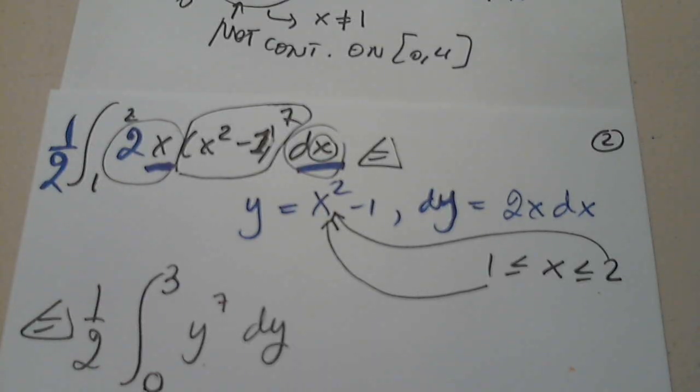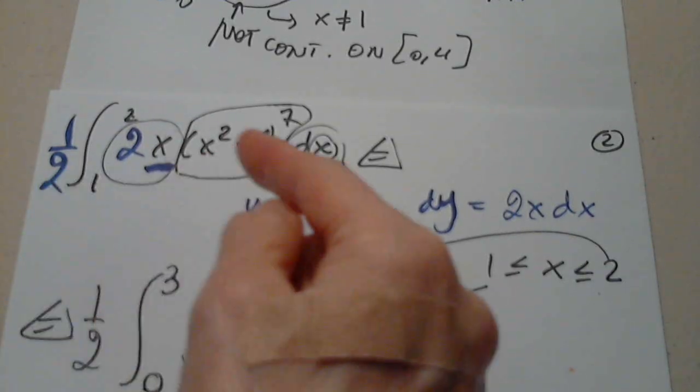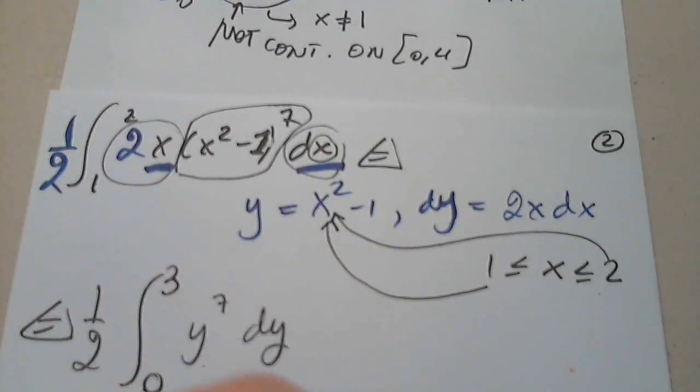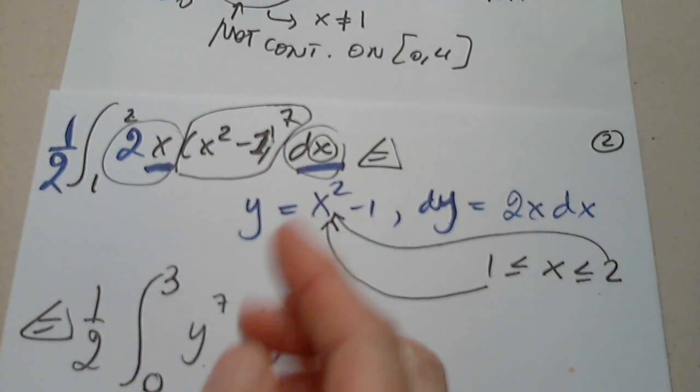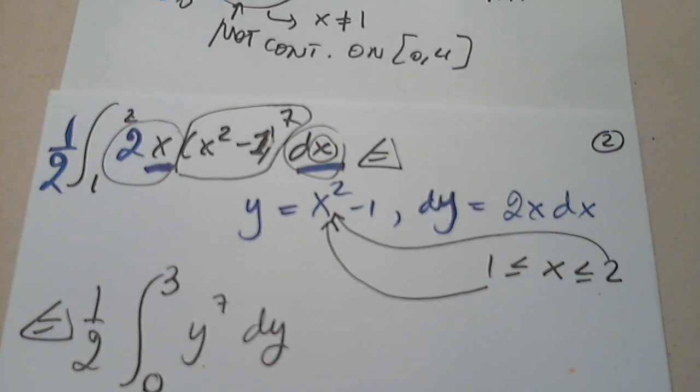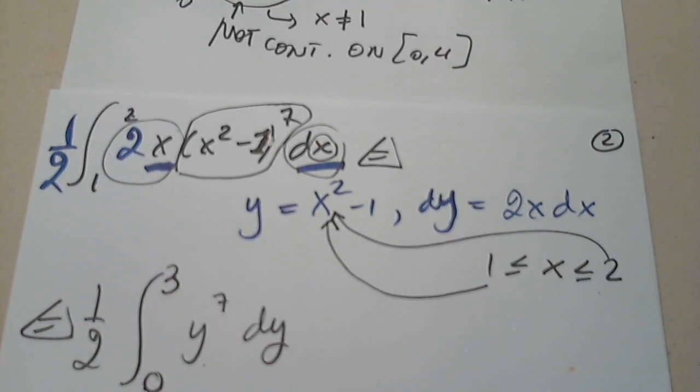You have to identify, calculate, determine, whatever you want to say, the corresponding limits of integration for y. If x goes from 1 to 2, according to our calculations, y goes from 0 to 3. We're not going backwards to the previous variable in a definite integral ever.